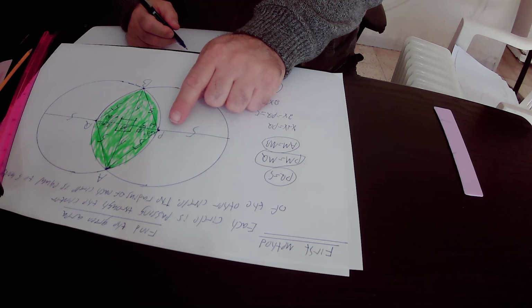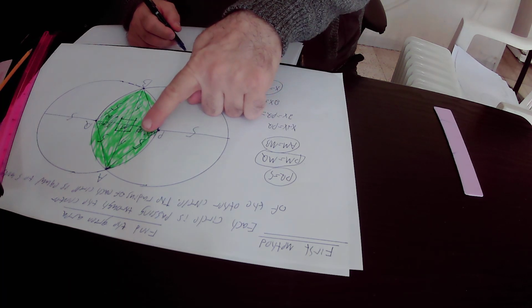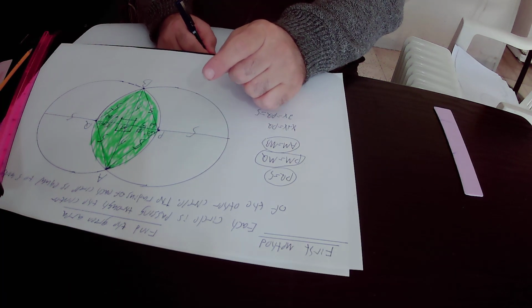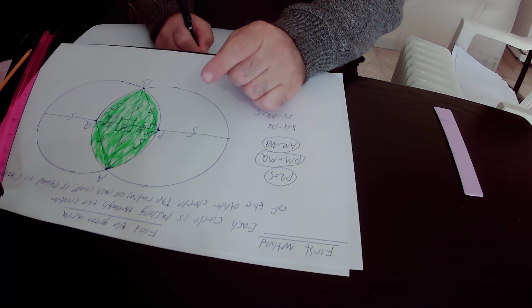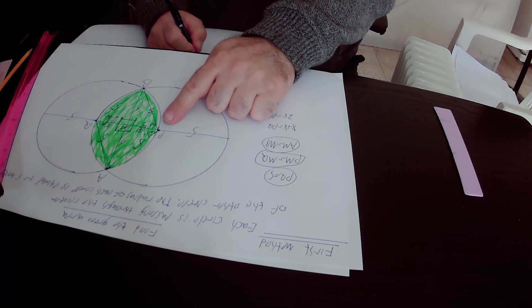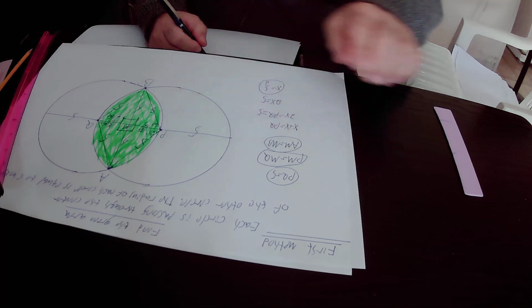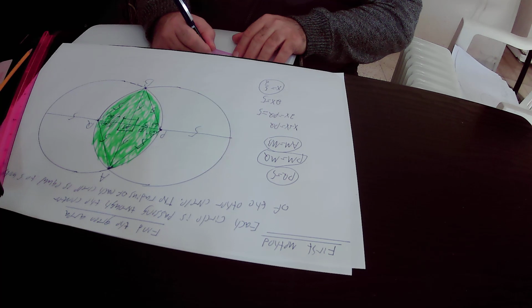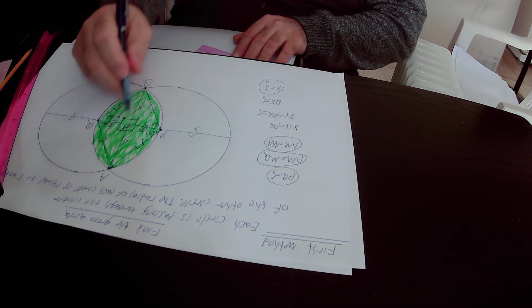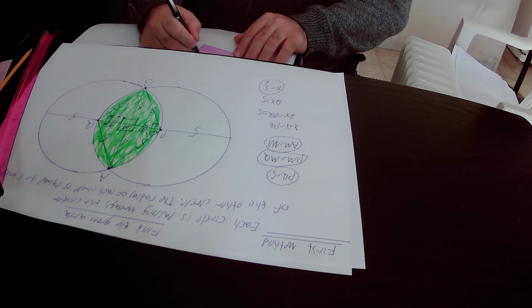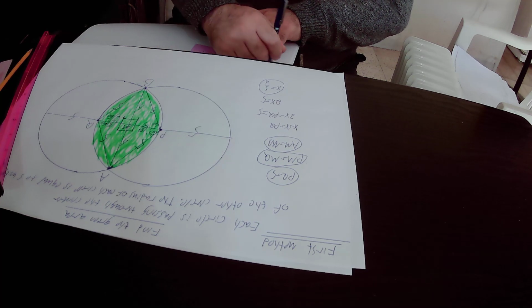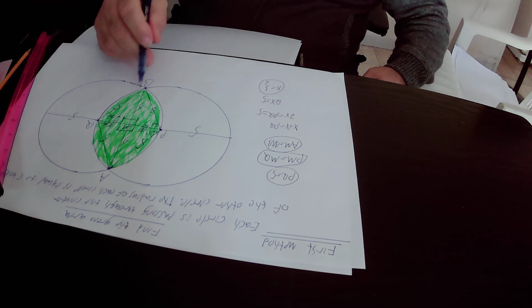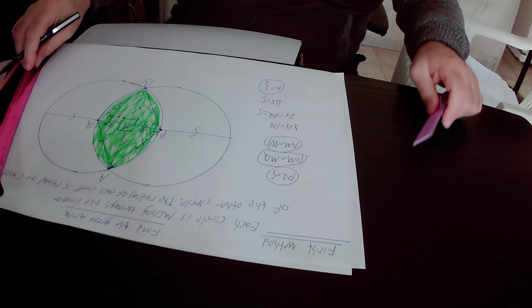Here, if we focus on the right triangle APM, sine 60 degrees will be equal to h over 5.